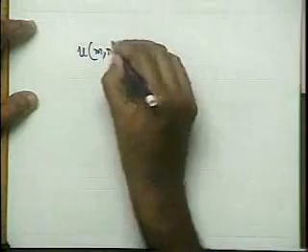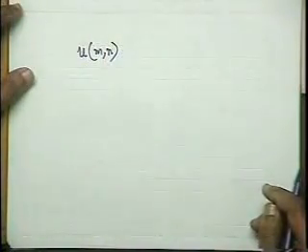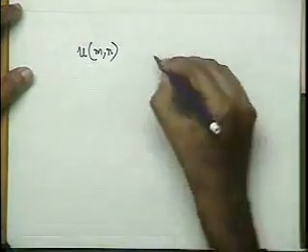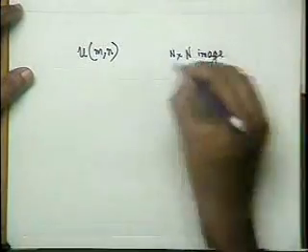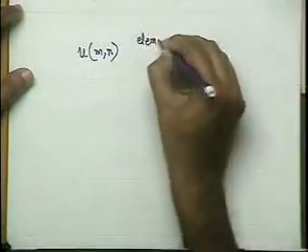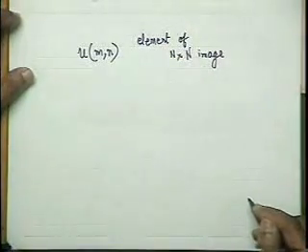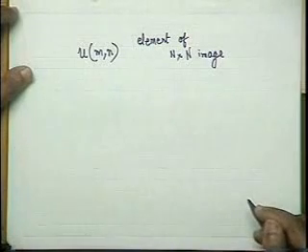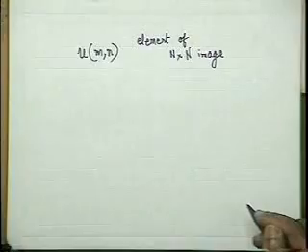So what I am considering now is that I take an image whose elements I am denoting by u m n, and let that be an N by N image. Then I am considering the matrix itself such that every element of that matrix is a random variable.